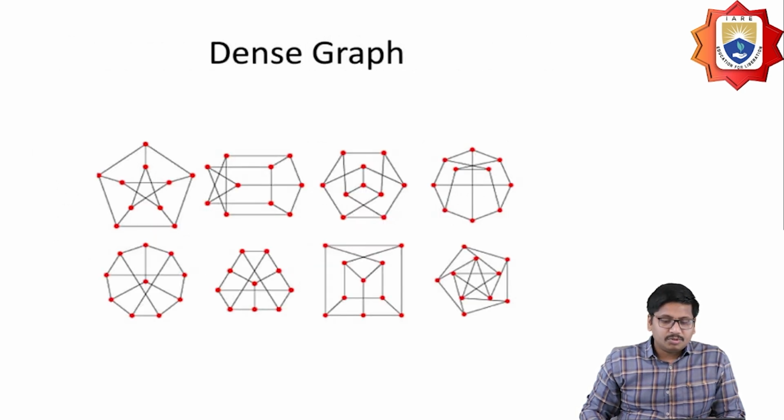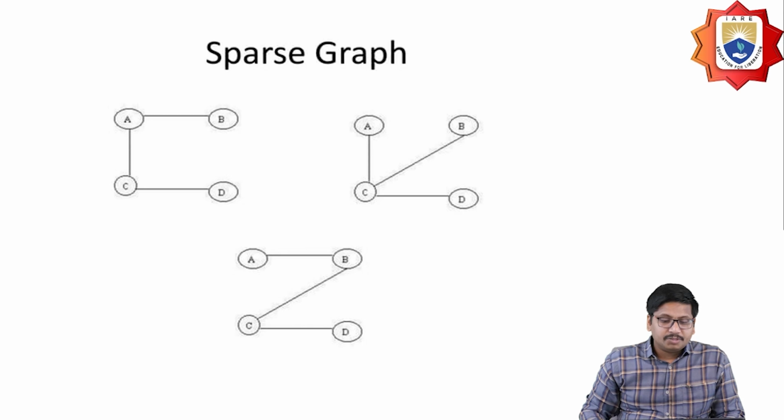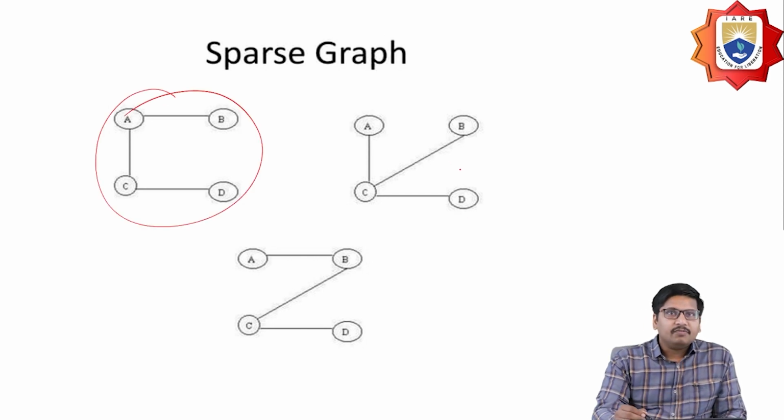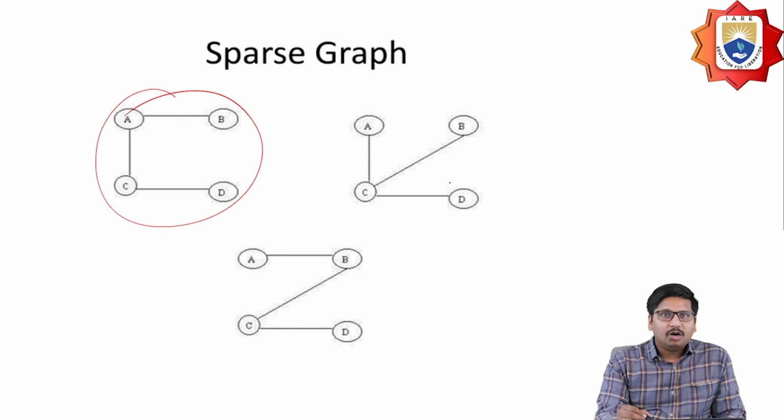Some examples of graphs are like this. A sparse graph means it does not have many edges. Here in this graph, it is only half connected, it is not fully connected.